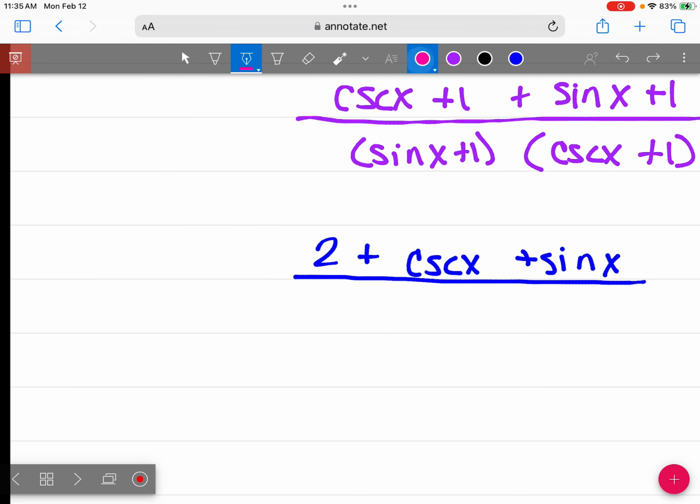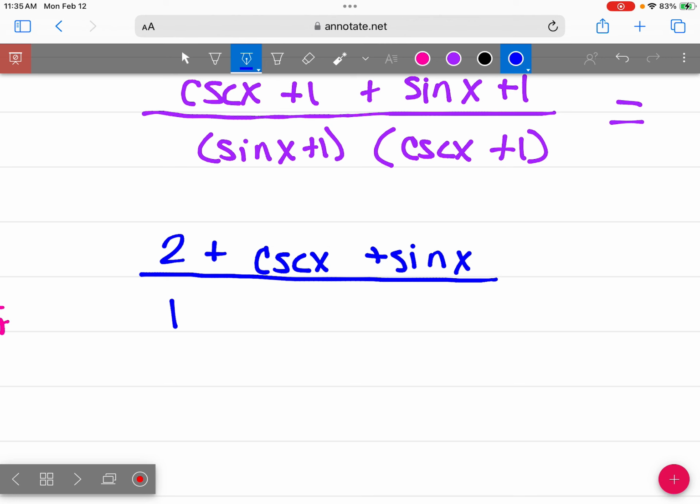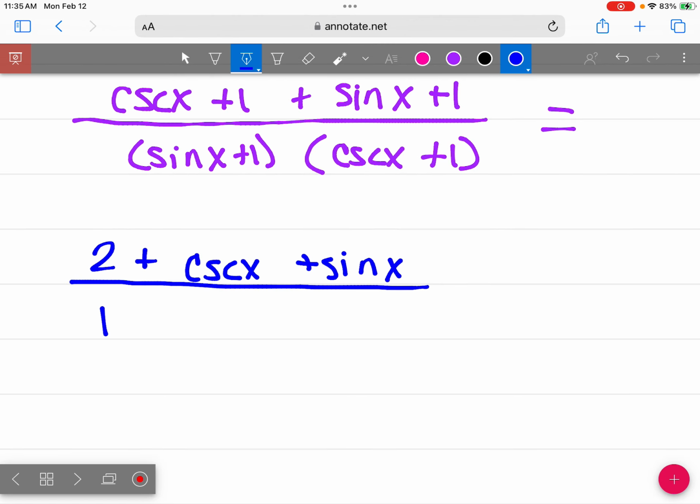So when we have something like sine of x times cosecant, which is 1 over sine, my sines actually cancel out. And so we're going to just have here a 1 for that sine of x times cosecant of x. Then we're going to have cosecant of x plus sine of x plus 1 times 1, which is 1.